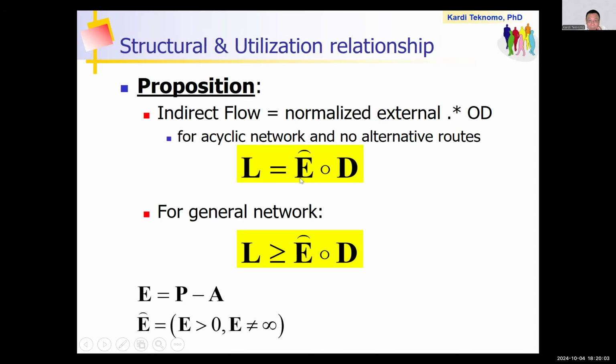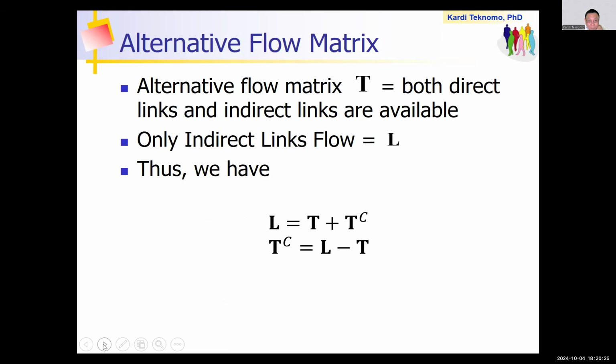Now, from there, we are supposed to get this relationship: L is equal to the binarized external matrix multiplied by T. This is only for an acyclic network. For a general network, they are not the same. So a while ago, you could get false instead of true. Same thing here. Now, with that, we can also compute the alternative route and substitute route here.